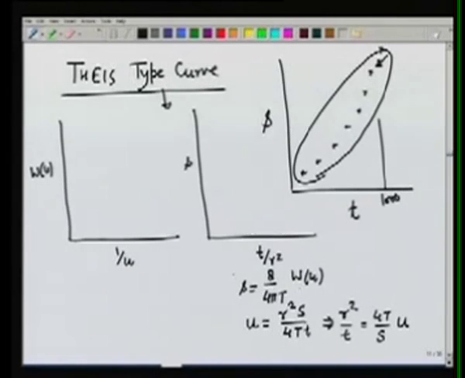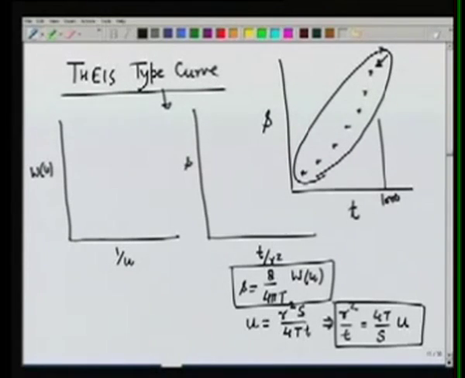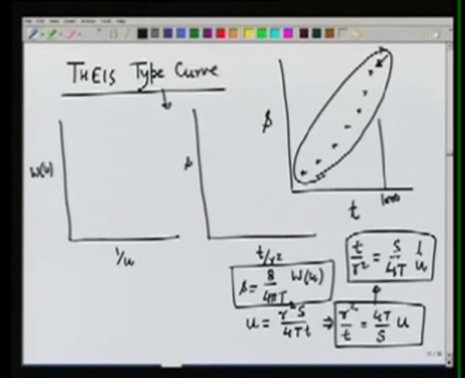so if you compare these two equations, the t over r square, okay, let me write it here in the form of t over r square, sometimes we use W(u) and u here and then s versus r square over t, but most of the times it is preferred W(u) versus 1 over u and s versus t over r square.